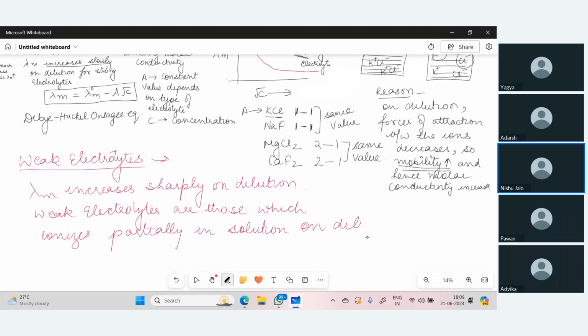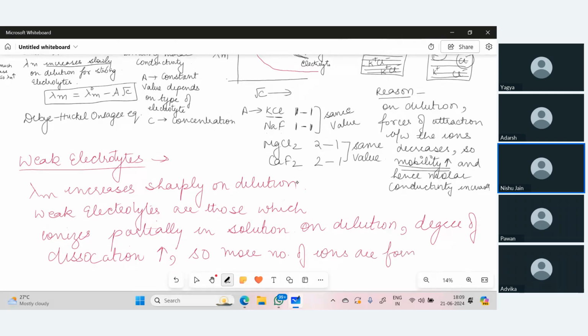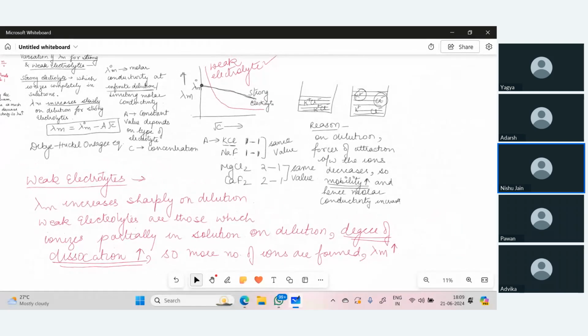On dilution, the degree of dissociation increases, so more number of ions will be formed. Means lambda m increases. So here it is because of the increase in the degree of dissociation. Because the number of ions formed is more, that is why in case of weak electrolytes, there is a sharp increase in the molar conductivity.